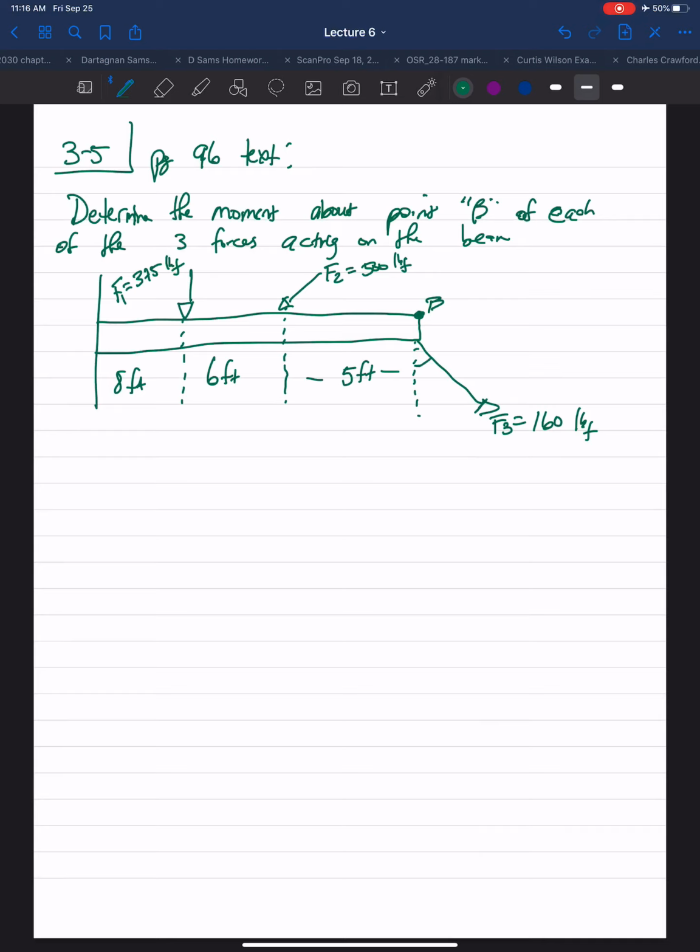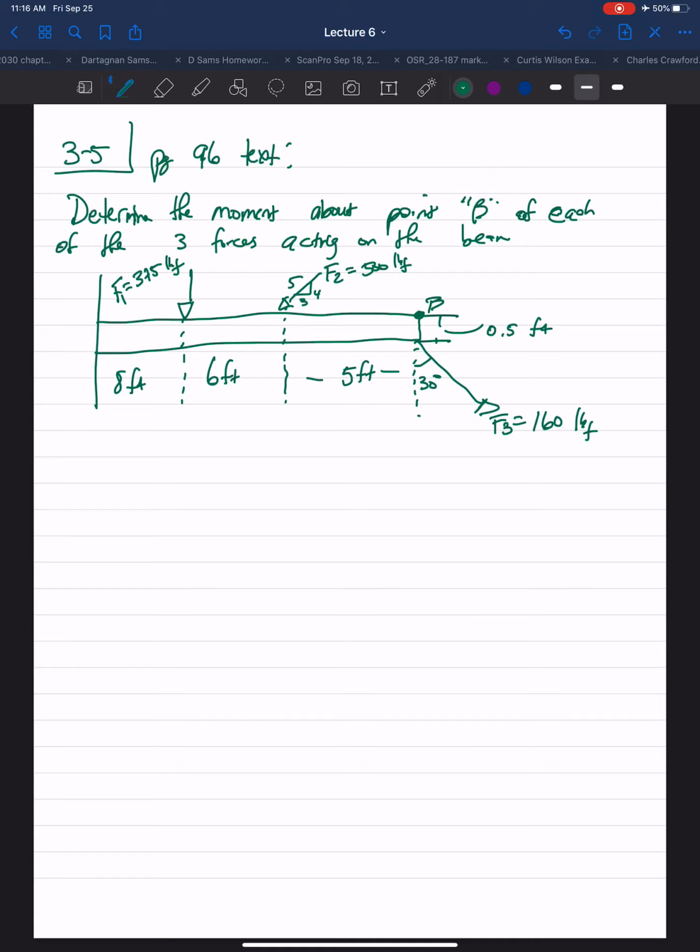The angle of F3 here is 30 degrees. And the thickness of this beam is 0.5 feet. The angle here for F2 is a 3-4-5 triangle. I believe that's all we need.